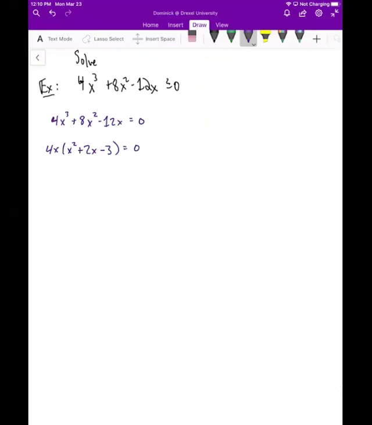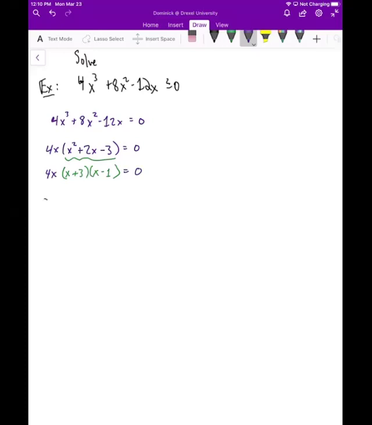Now this quadratic part we could factor further, as we need two numbers that multiply to -3 but add to +2, so we would need x plus 3, x minus 1.